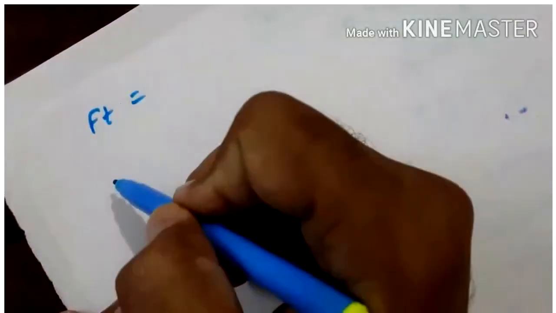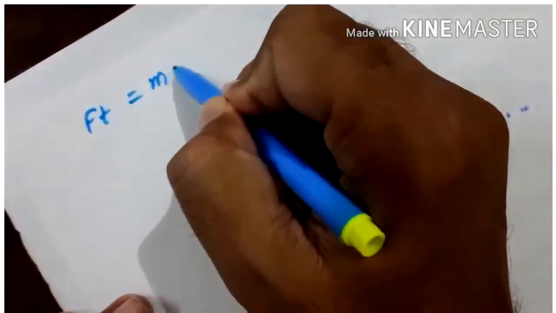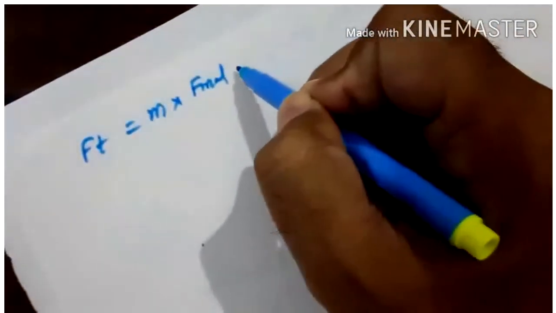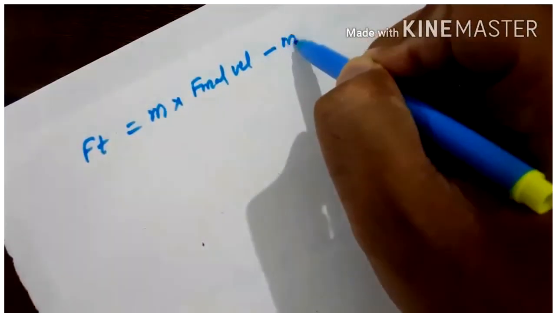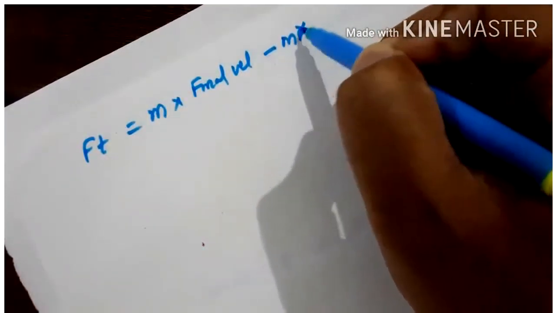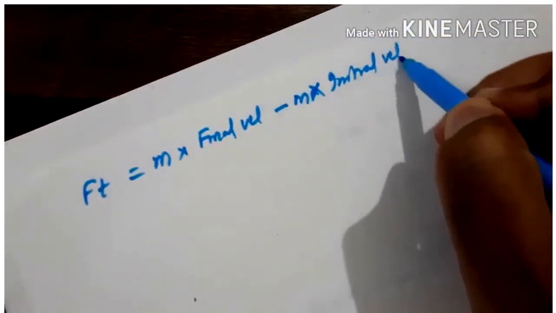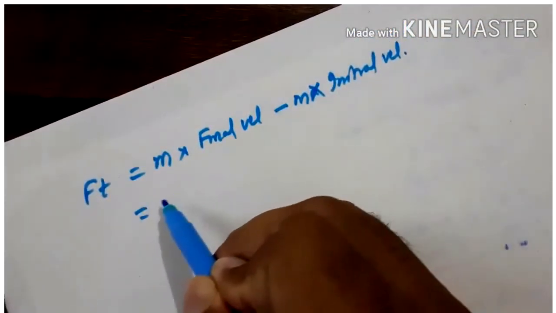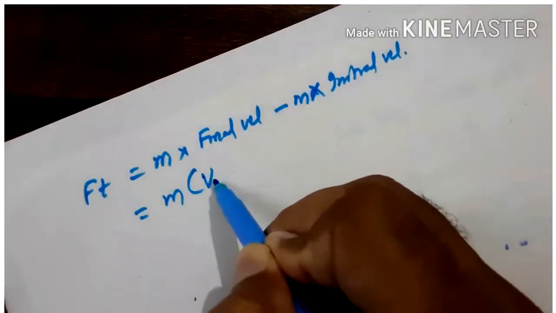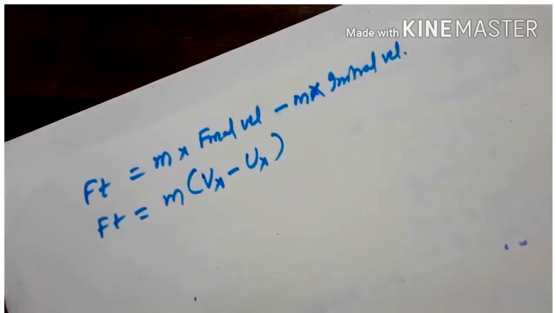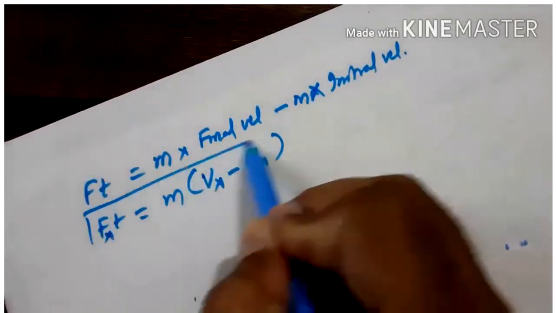Next, F into t is mass into final velocity minus mass into initial velocity, which can be written as m into Vx minus Ux if you are calculating force in the x direction.